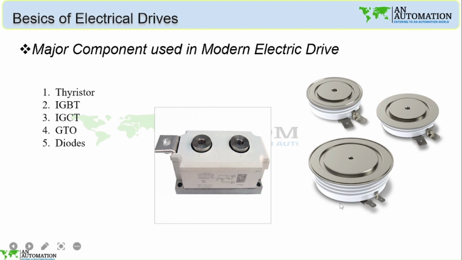And these types of GTO or IGBT are used in the inverter section, generating the output voltage in a square wave manner to control the VFD output. By these components we basically control VFDs in modern VFD systems.